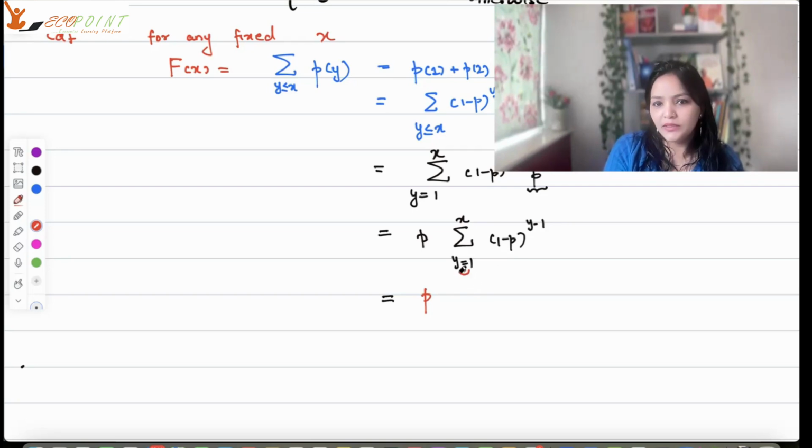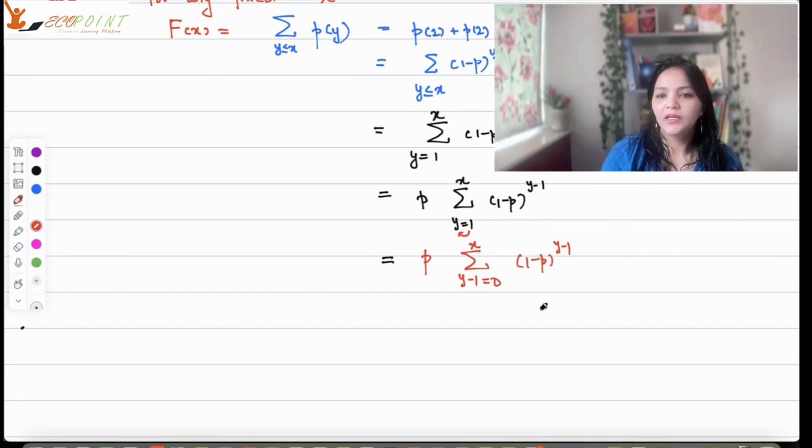Now what you can do is take this 1 here, and this summation becomes y minus 1 equals 0 to x, (1 minus p) to the power y minus 1. So instead of y minus 1, I can take this entire sum as y goes from 0 to x minus 1, and the index here, since I've taken y minus 1 as y, you will write y here.